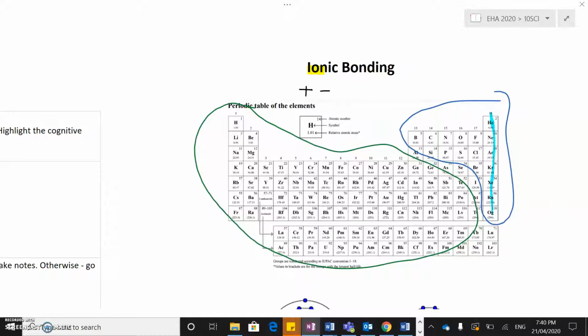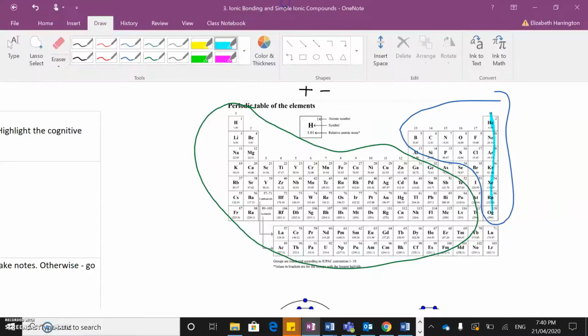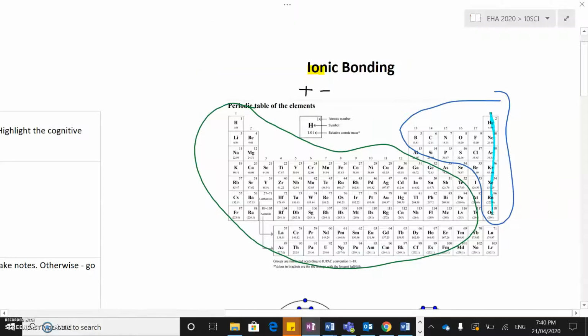Happy as Larry. These guys, as another example, fluorine, chlorine, bromine, iodine, are just one little electron away from having a full outer shell. They're one little electron away from being happy, so they are very, very reactive.